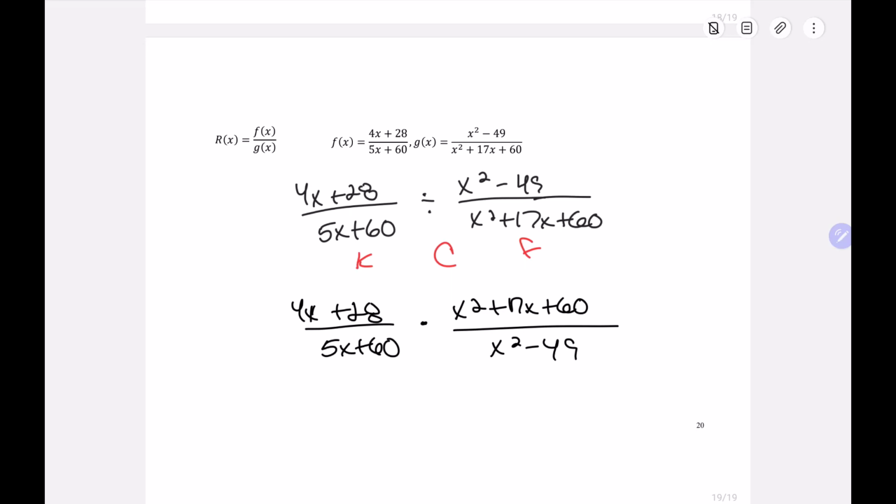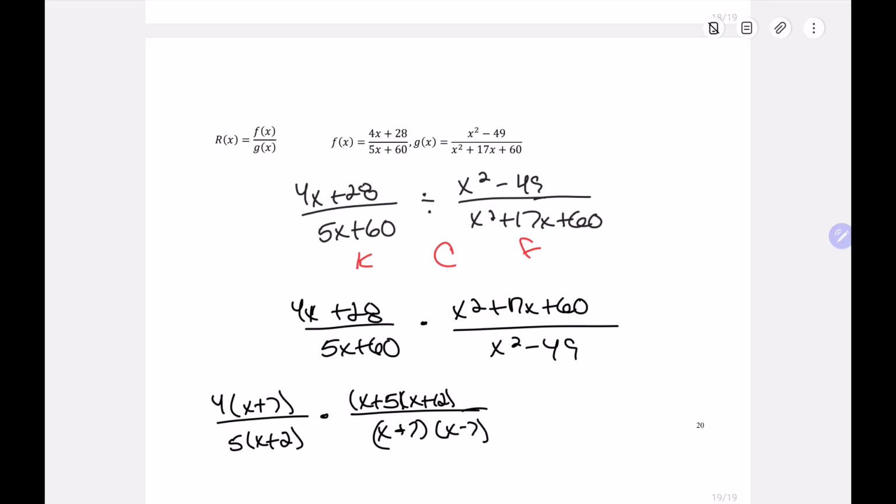If we look at writing the factored forms, we would have 4 times x plus 7 over 5 times x plus 12. And then we would have an x plus 5, x plus 12, all over x plus 7, x minus 7.